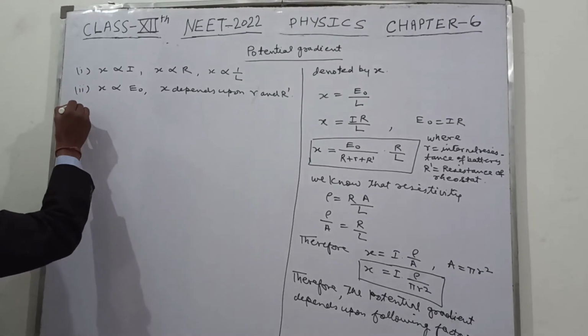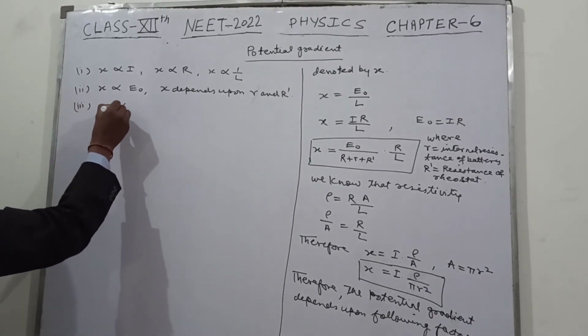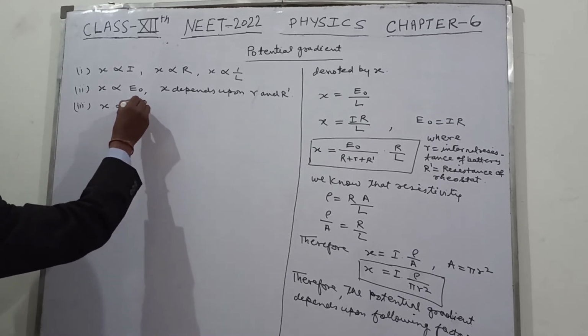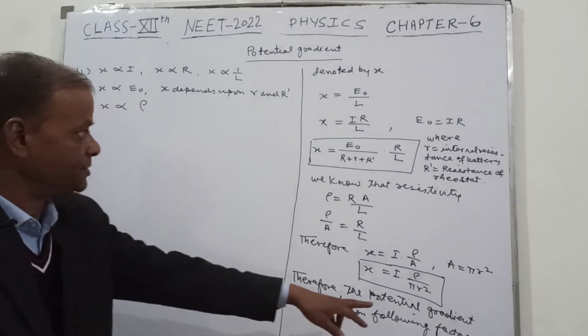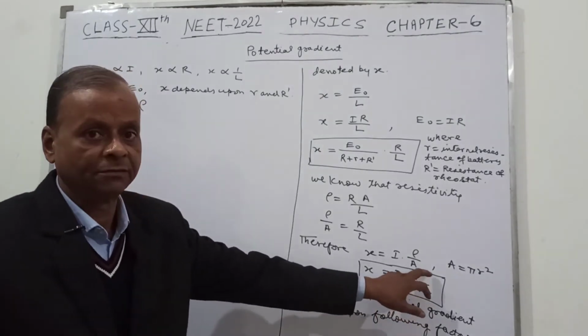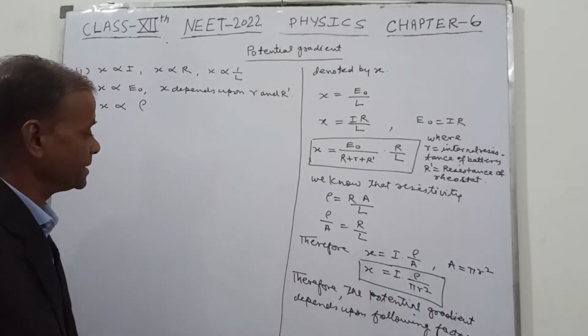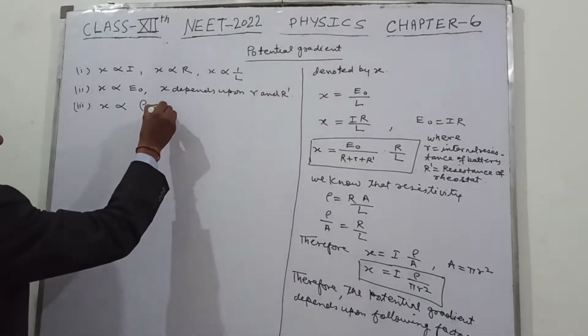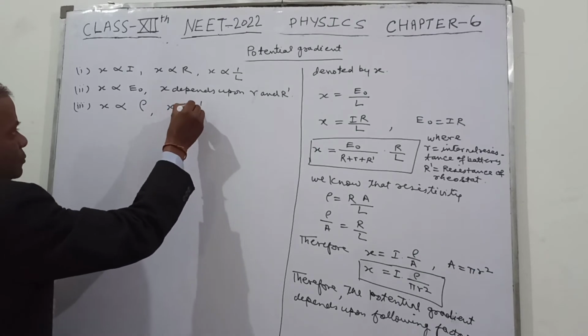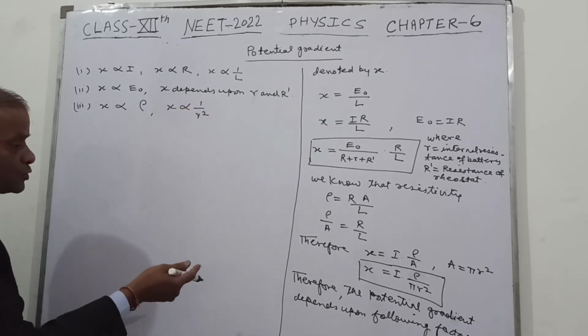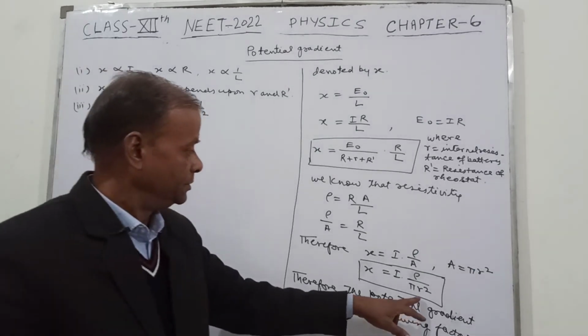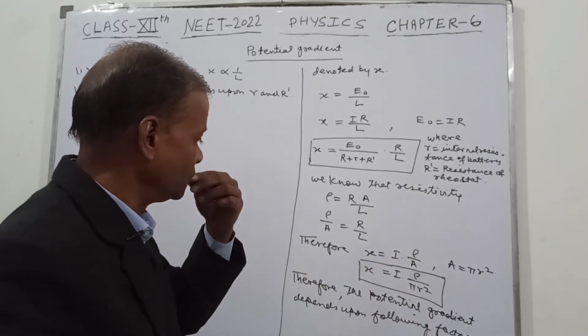Now third, X is proportional to rho, the resistivity. X is proportional to 1 upon r square. There are so many factors. Here r is the radius. This you have to remember.